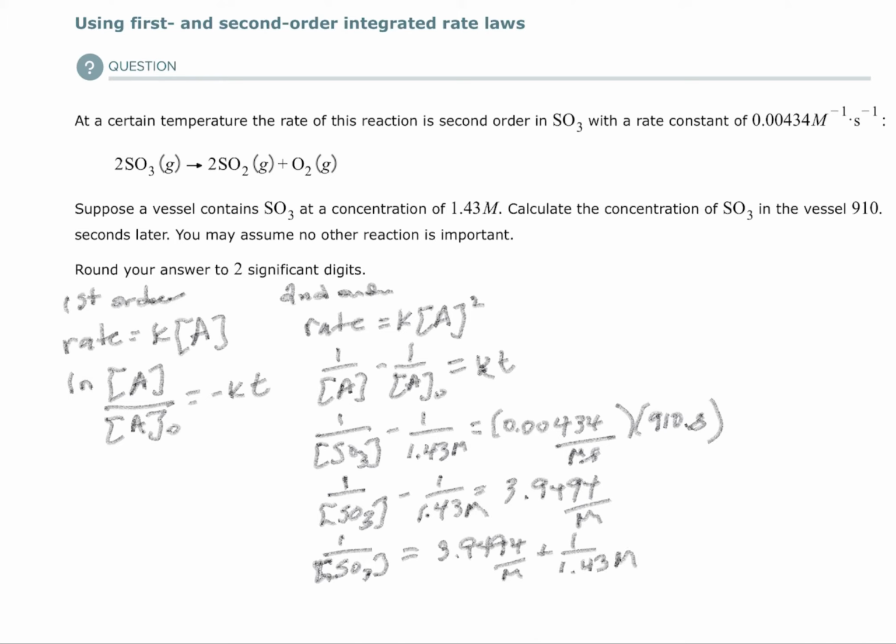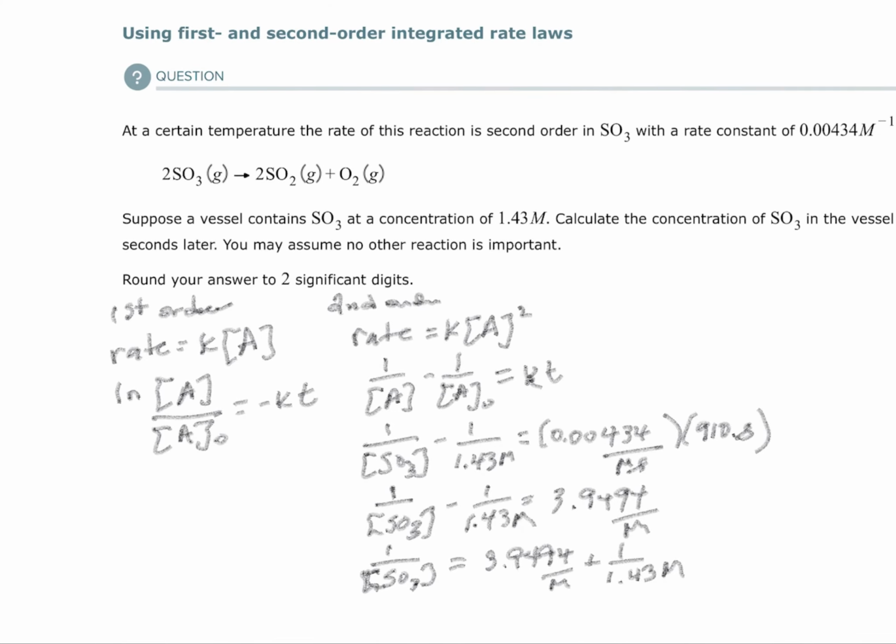So I'm just going to take 1 divided by 1.43 equals, plus 3.9494. Okay, and then you'll end up with 4.6487 molarity on the bottom.